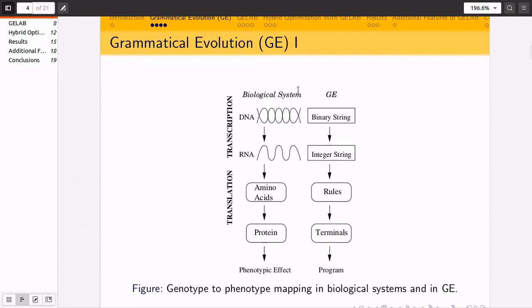So in grammatical evolution, the genotype is represented using a binary string or an integer string, and we take some production rules from a context-free grammar specified in Backus-Naur form, and use these production rules to map the genotype onto phenotype. Eventually what we get is a computer program that is a potential candidate solution for the problem at hand.